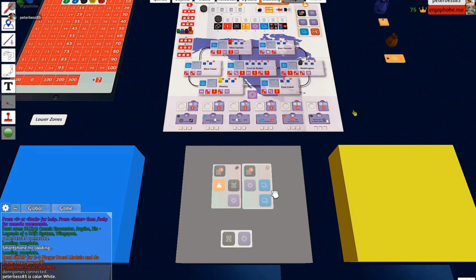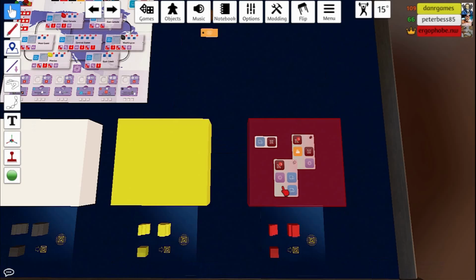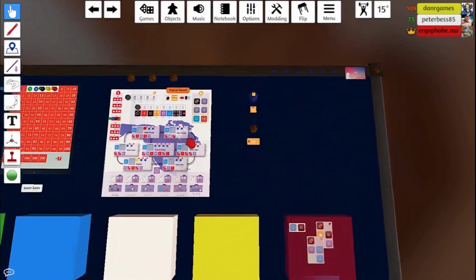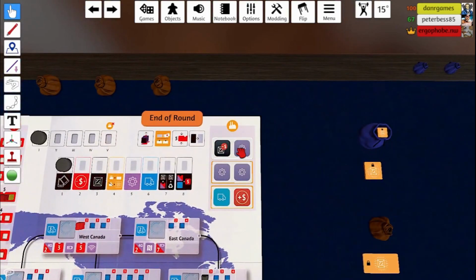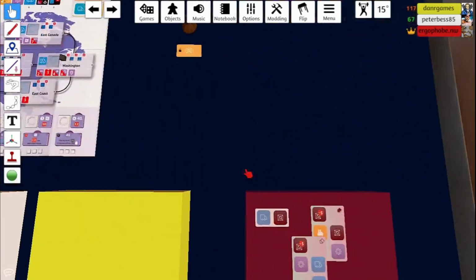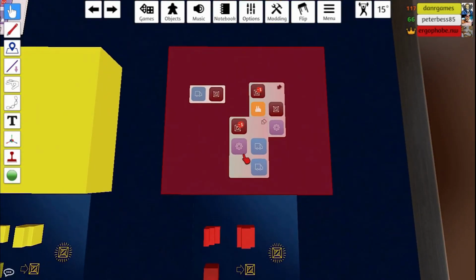So we overlay our 2 rectangles and maybe throw in the little teeny rectangle if we want? Yep. Ooh, a lot of tech up here. Where did I start? I'm in West Canada. So I do want it cheap.